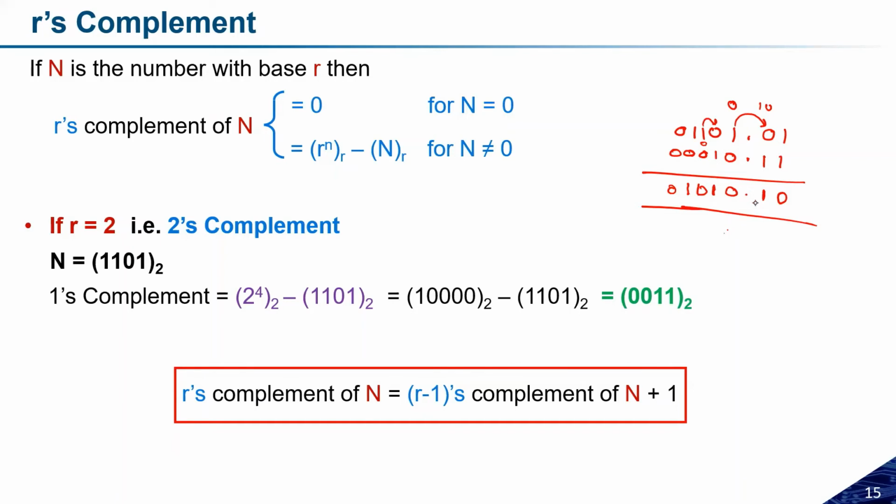Sir, how will we subtract 0 0 1 0 minus 1 1 0 1? We have to take some borrow. In that case, a negative number will come. Let me finish this part, because Jayant asked a really interesting question: how can we subtract 1 1 0 1 from 0 0 1 0?